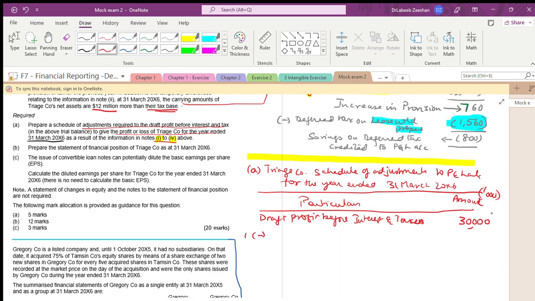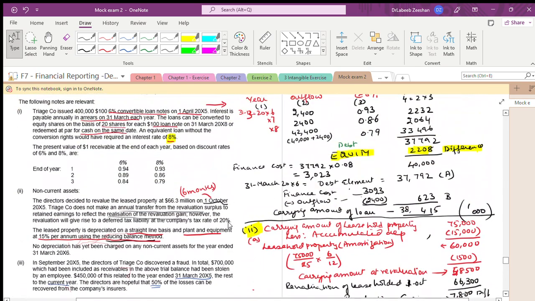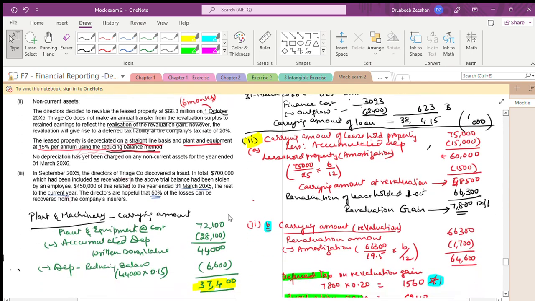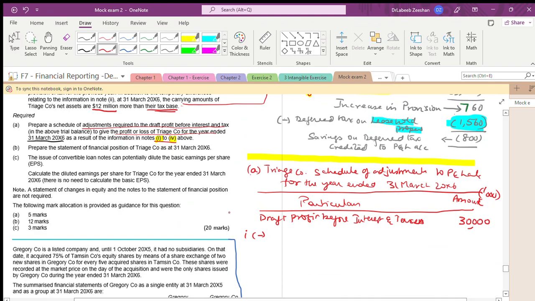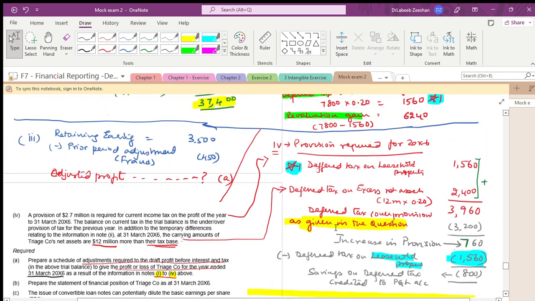What did we do in point number 1? We have calculated interest. 3,023, that is finance cost. Less finance cost, point number 1, 3,023.